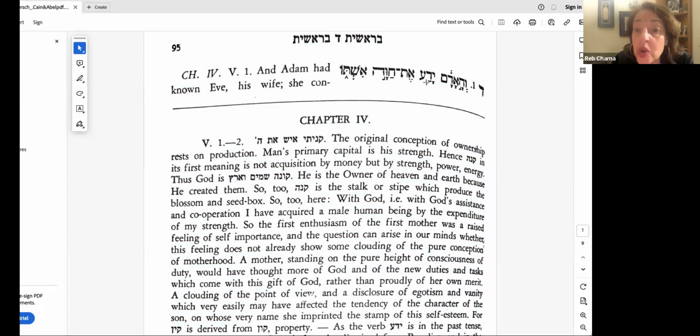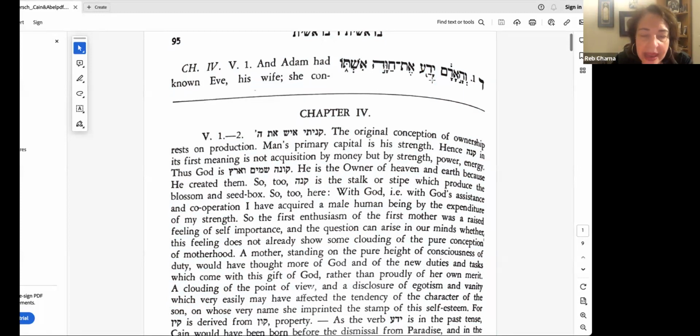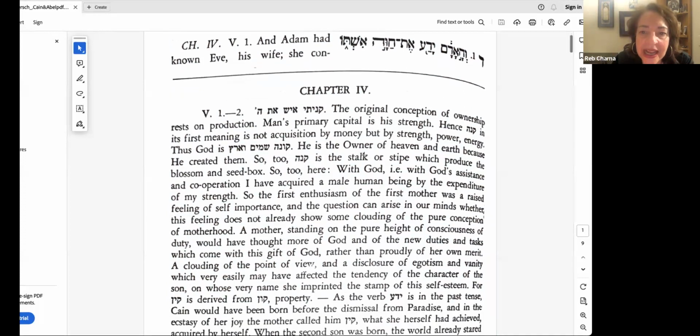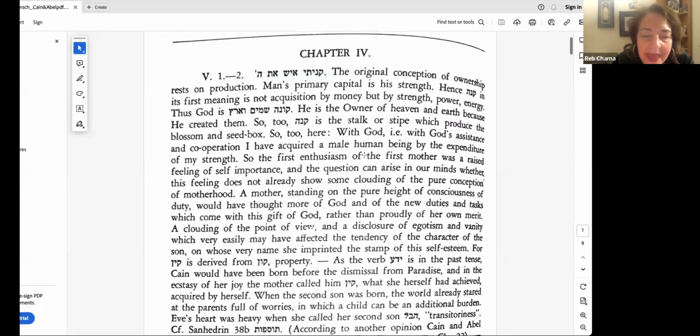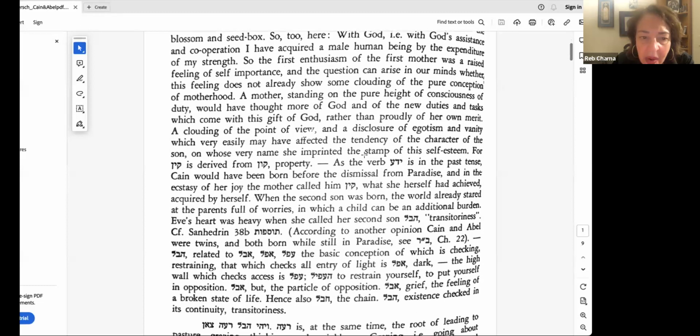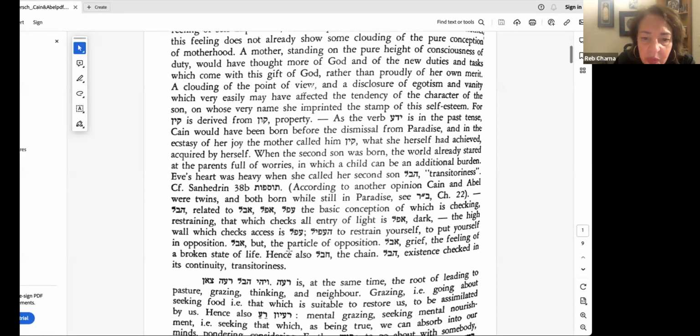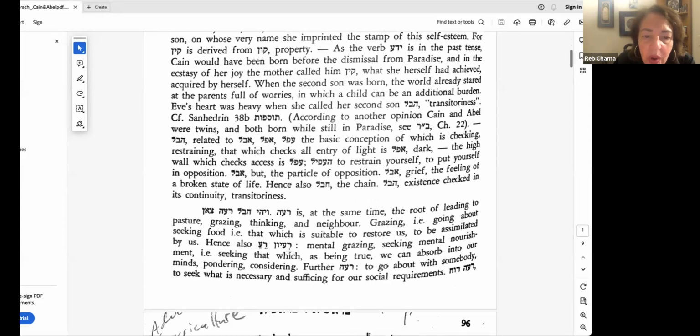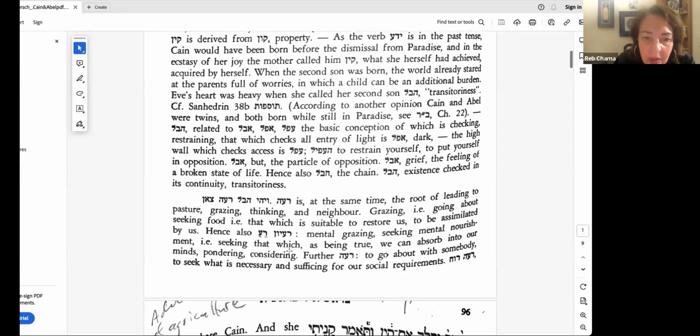But he knew, yet he knew, nudge nudge, wink wink, his wife. And one of the things he's going to go into here is the original concept of ownership. I'm not going to study that with you right now, but he really looks at how these word roots are defined from each other.